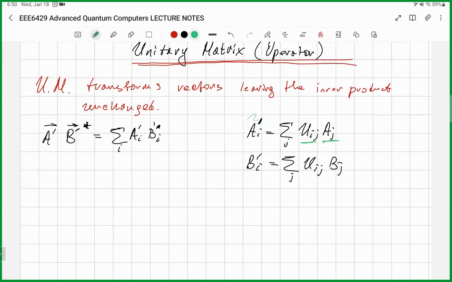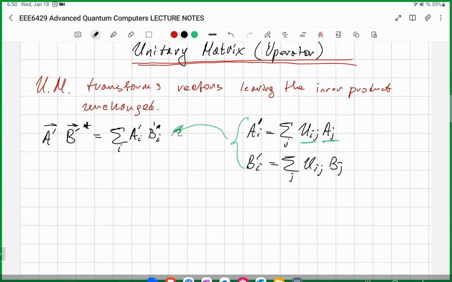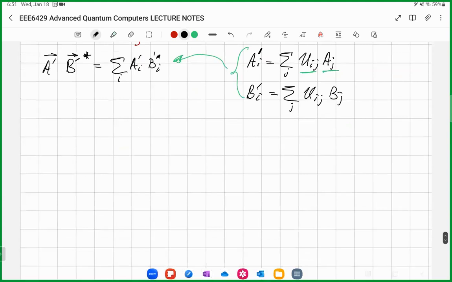So now let's plug in these two transformations into the formula for the scalar product. So what we got? A prime vector, B prime vector complex conjugated is equal to the sum.